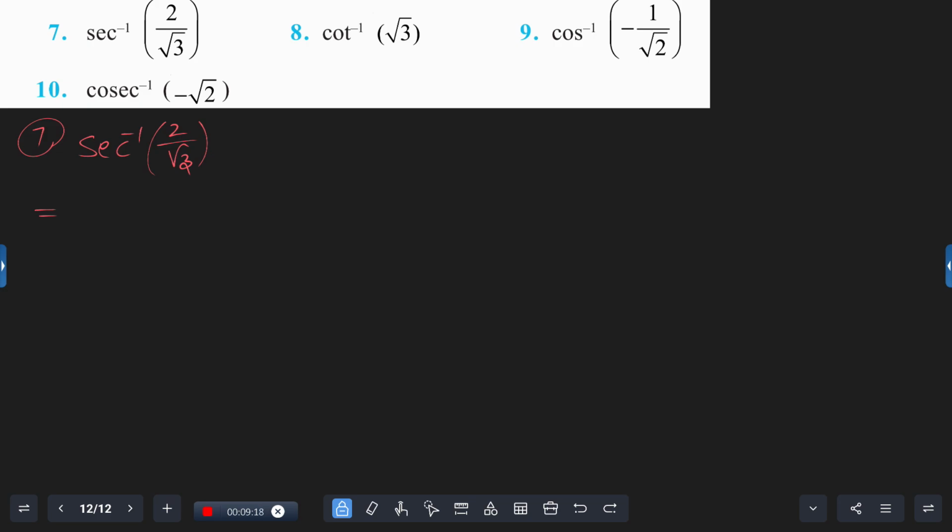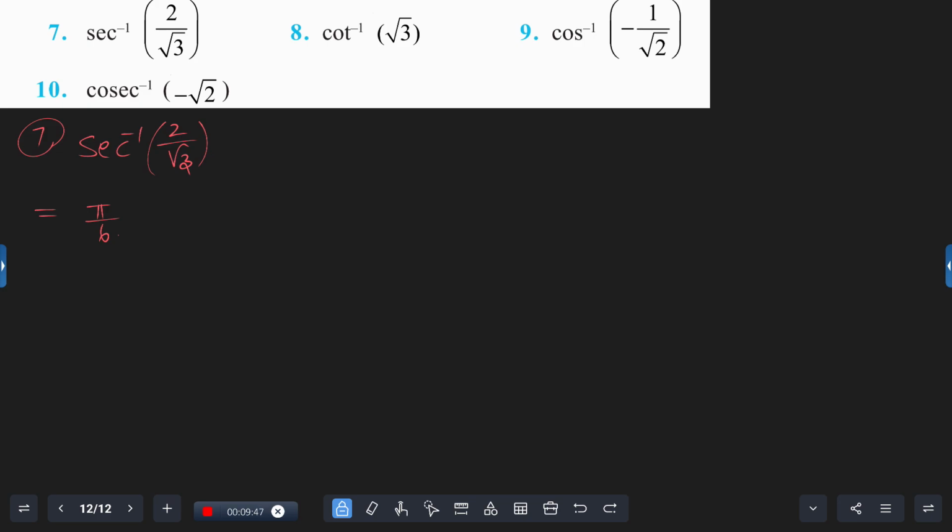For cos 30 degree you get root 3 by 2. The reciprocal of this you will get 2 by root 3. Am I right? So that is pi divided by 6. Table values you must know. If you don't know the table values, it is really very tough to go through this exercise. Understand? You must learn the trigonometric table. You understand?